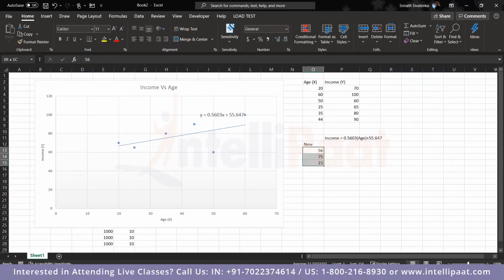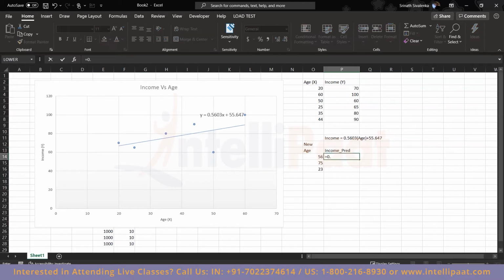For these data points of age, I'd want to compute the predicted income. This is going to be 0.5603 multiplied by your age plus 55.647. That's it.